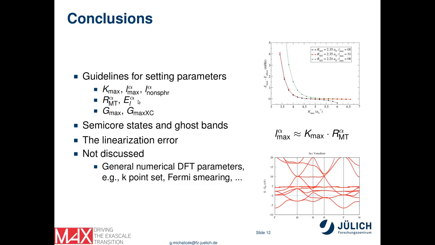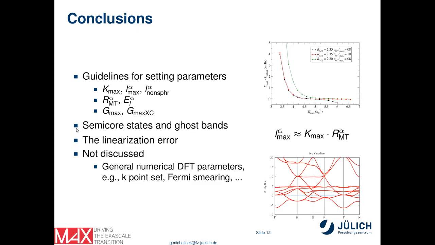I also showed you that there is no perfect choice for this energy parameter, but all shortcomings that are due to suboptimal choices here can be overcome by adding local orbitals to the basis. Then we discussed how to deal with semicore states and ghost bands, and I showed you the linearization error for some extreme cases.